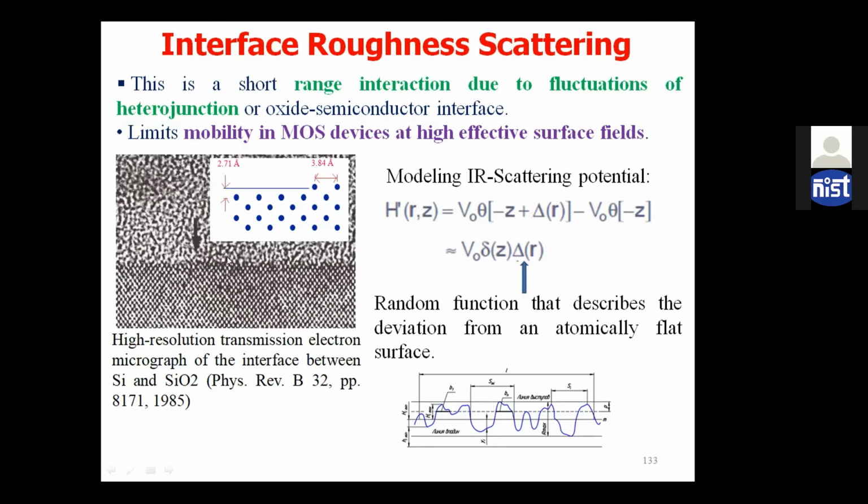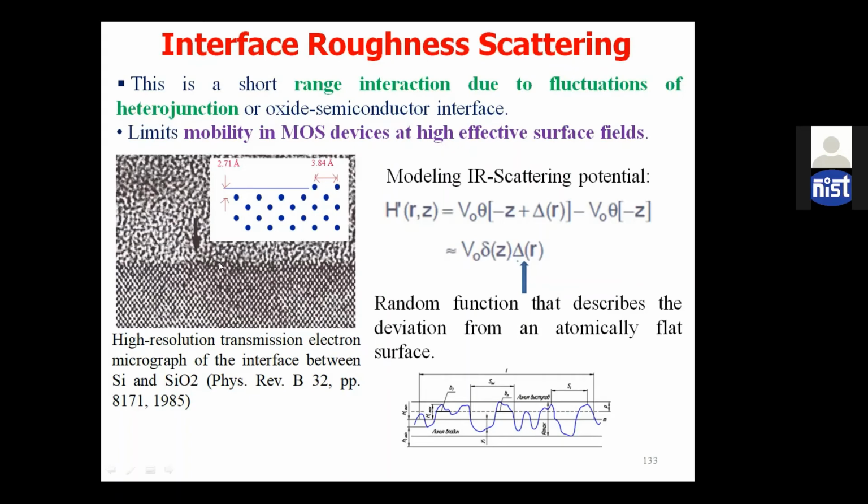As there is a mismatch in the interface, if you see here, these are periodic arrangement. Up to this is periodic arrangement. Now above this, due to this oxide, there are some other atoms which are not in periodic order. This leads to the scattering, which is known as the interface roughness.